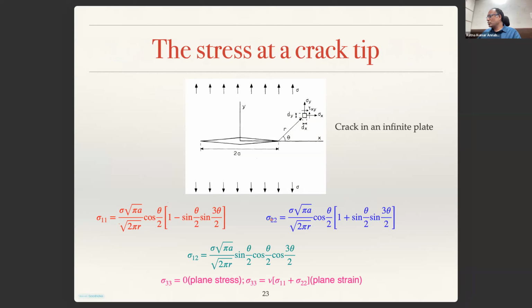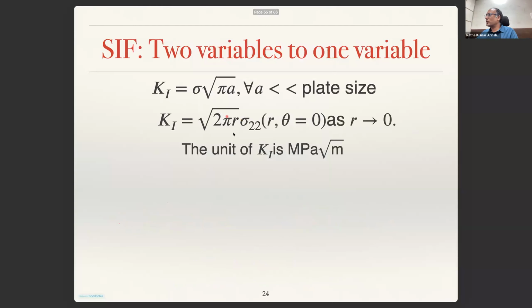So sigma 22 at theta equal to 0 will be sigma root pi a by root 2 pi r, and you can see sigma root pi a is K1, which is equal to sigma 22 times root 2 pi r. That is what we can write. K1 is what we call the stress intensity factor.